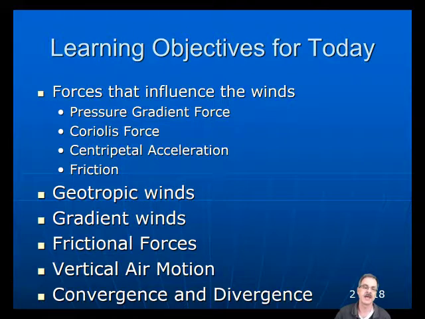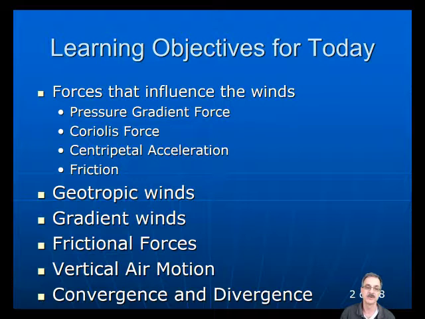Today, I want you to have a better understanding of the forces that influence the winds, and there are four forces that will do that. We've already talked about the pressure gradient force. The other force is called the Coriolis force. Another idea the book calls centripetal acceleration, and another force called friction.